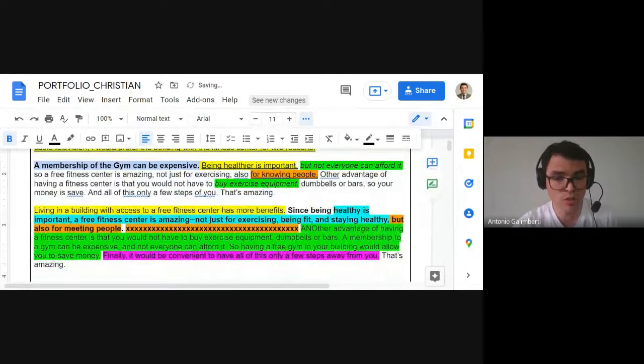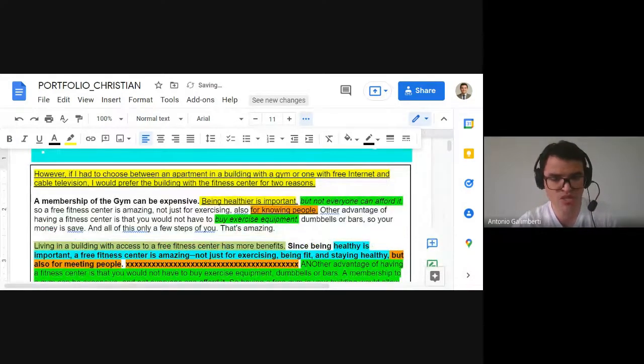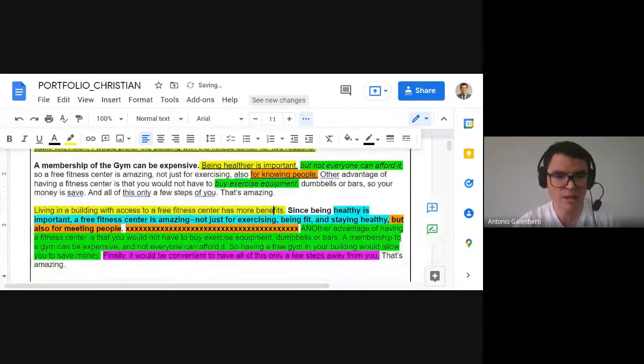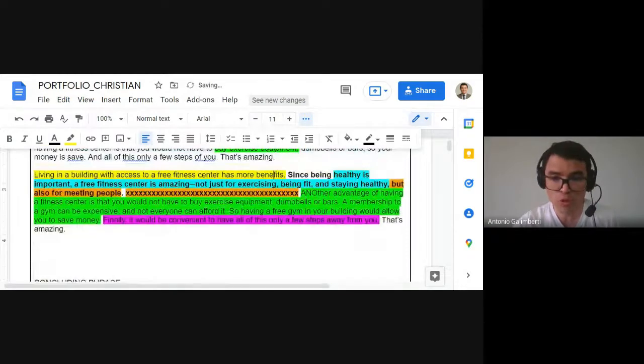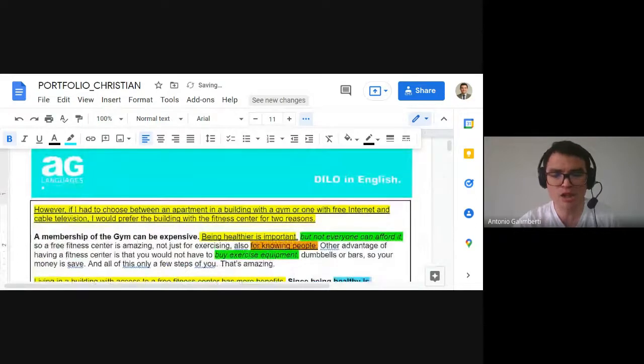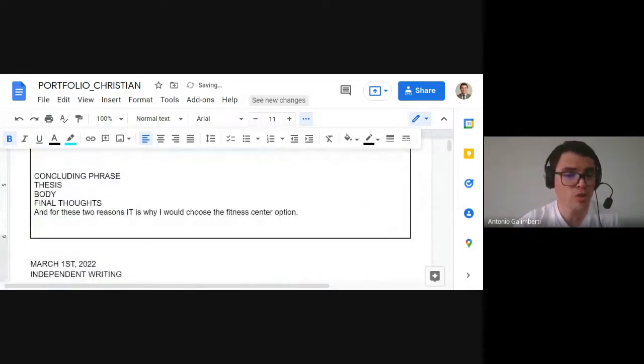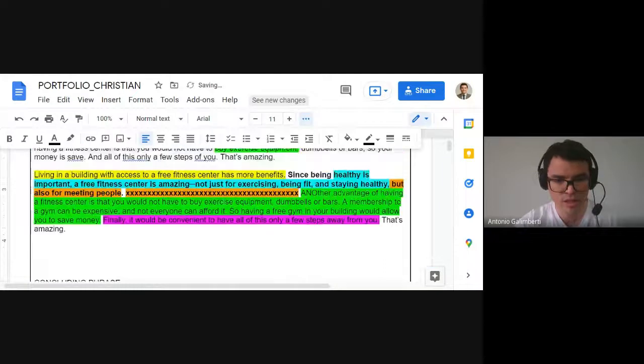So it's better to use a style that matches the thesis easily, right? And don't forget to group similar ideas together, and not to just mention things around in a paragraph, right? And in your conclusion, you need a concluding phrase, summarize the thesis, paraphrase the body, and include your final thoughts.